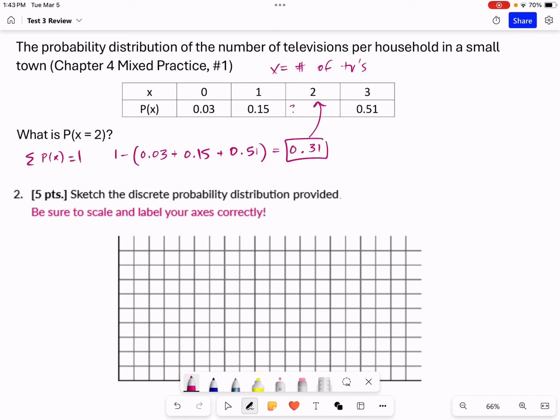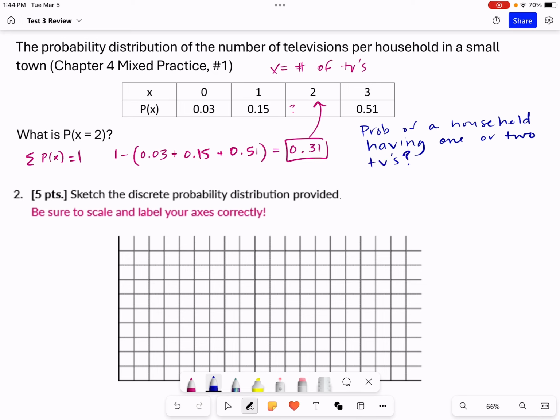So another question you might see is also just what is the probability that x is equal, let me erase that, probability of a household having 1 or 2 TVs.